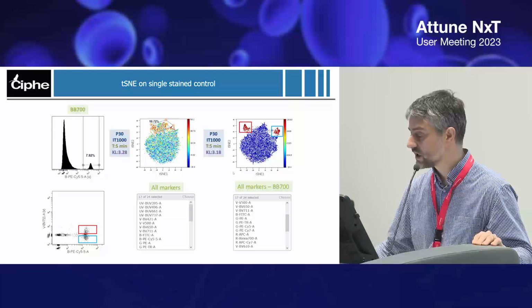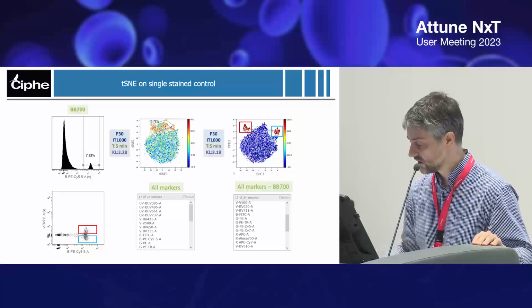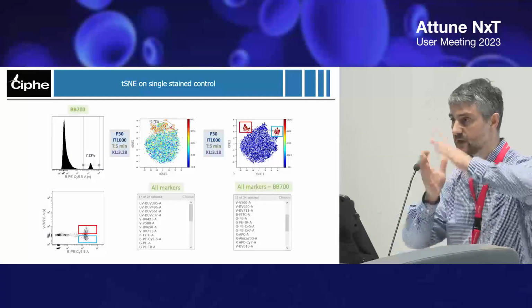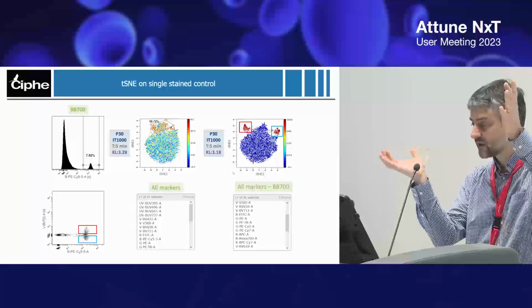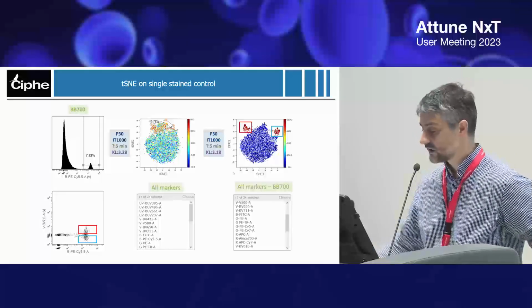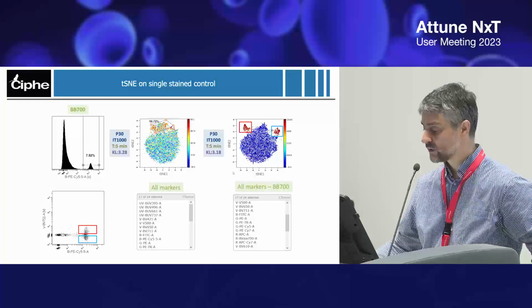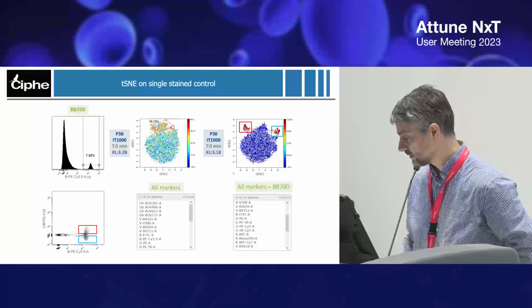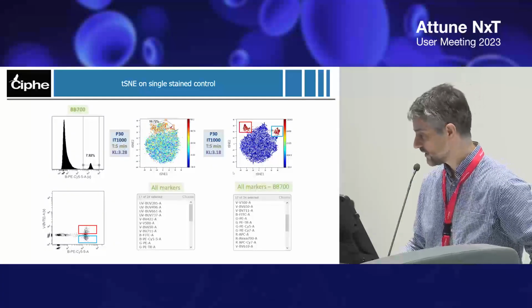And actually, these two clouds are just the upper and the lower part of the spread of the data. So when the peak is being distributed, the algorithm sees that that's one population of cells and that's another population of cells.